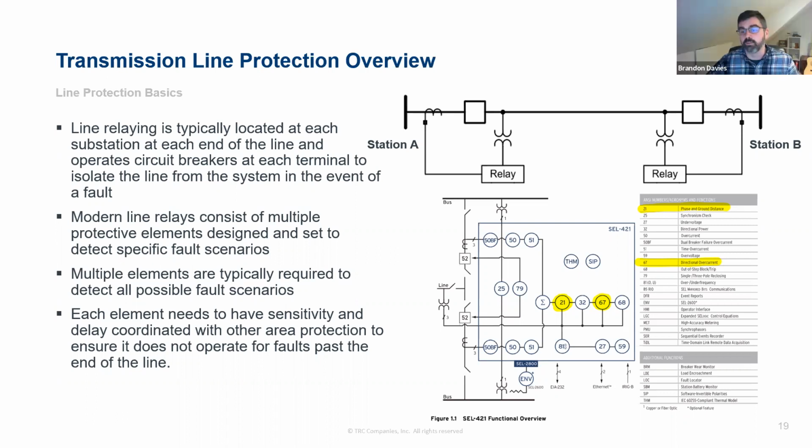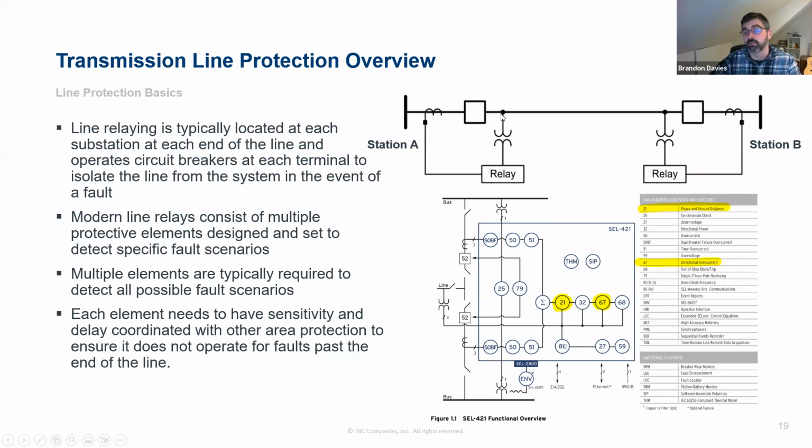So you really don't want that protection to be on 100% of the time, and that's where the logic of the scheme comes in. You close the breaker, it's enabled for a short amount of time. Once the voltage comes up on the VTs, you disable it, and then the rest of your protection is at that point working and will be able to provide that.